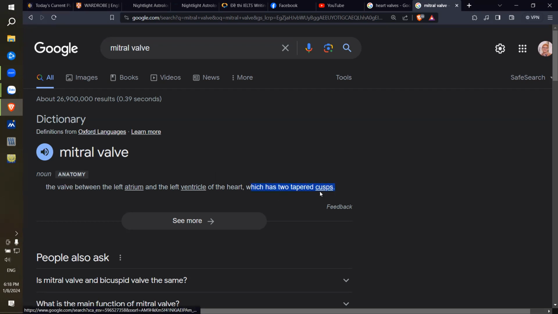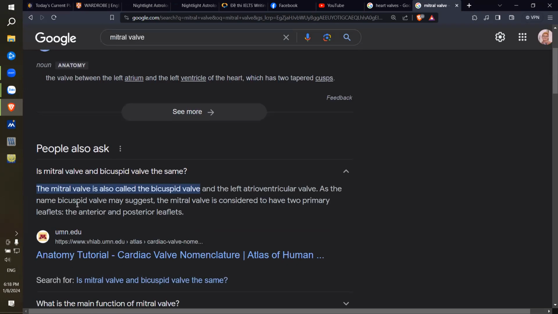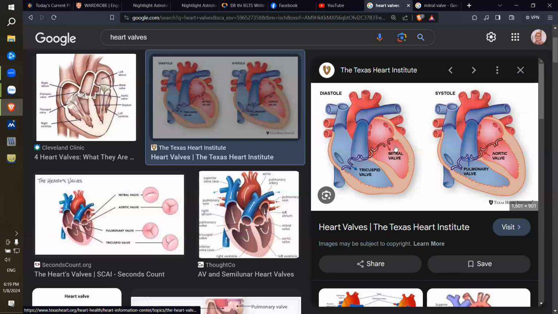Because it has two tapered cusps, it's also named bicuspid valve. Mitral valve is also called bicuspid valve. Very good. And it prevents what? It prevents blood from flowing backward from the left ventricle into the left atrium when the ventricle contracts.